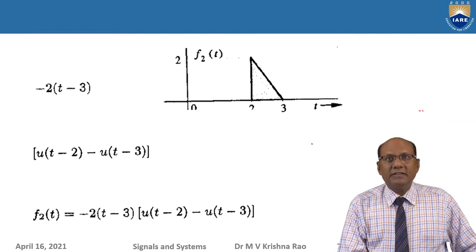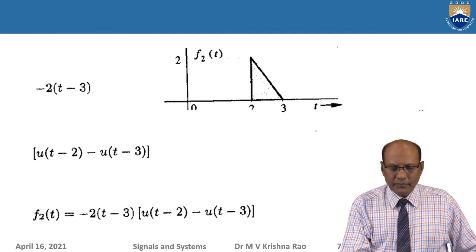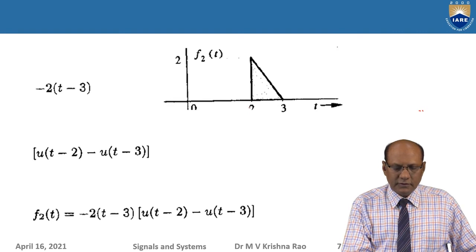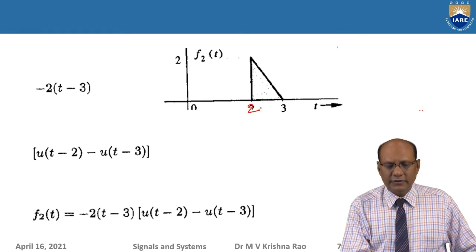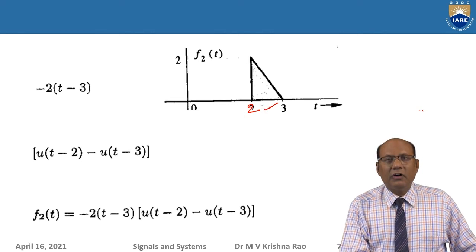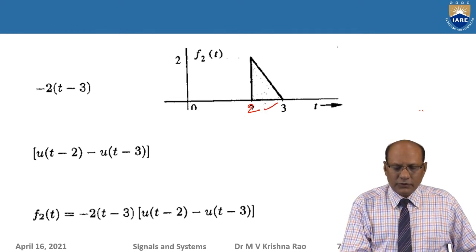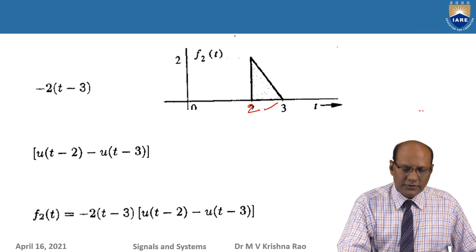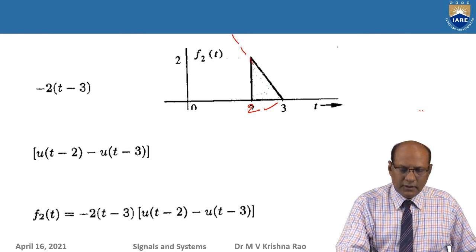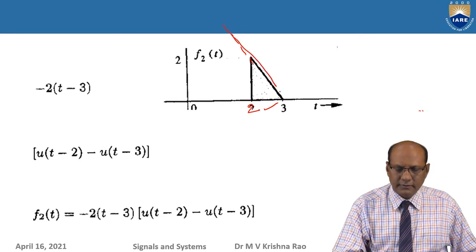Now let us consider the second part of the triangle, that is between 2 and 3 time units, and it is called f2 of t. So it is a negative slope straight line, and I can extend it like this.